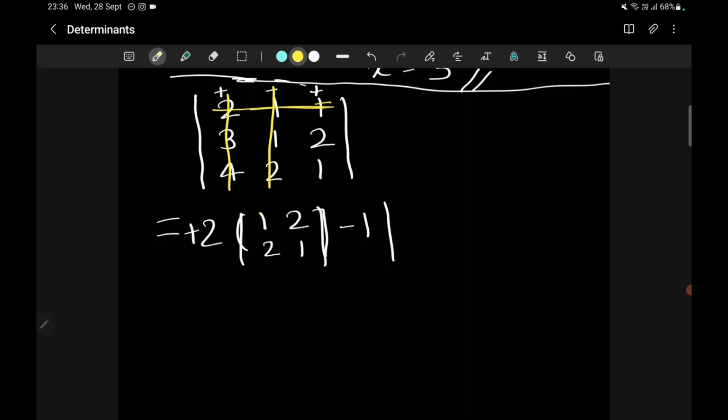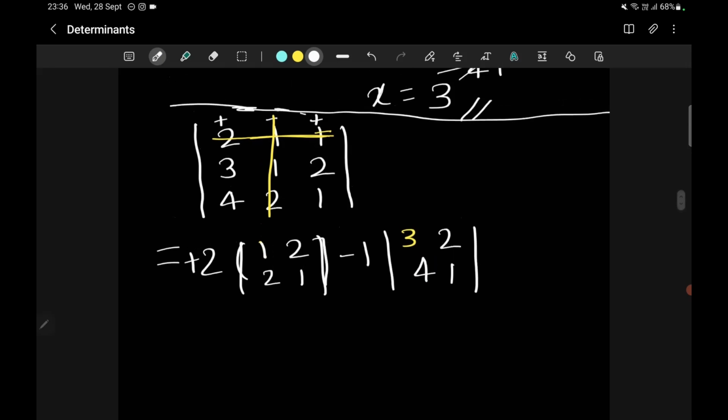Then you have to neglect this 2 now. Now what we are remaining with is 3, 2, 4 and 1. Then we have to take the last term, that is plus 1.